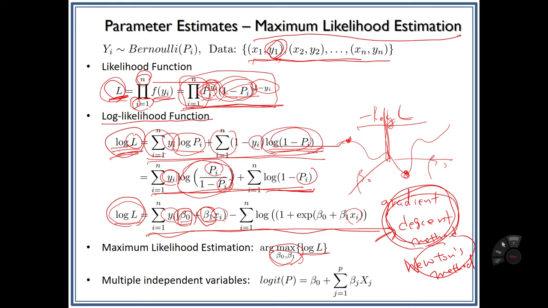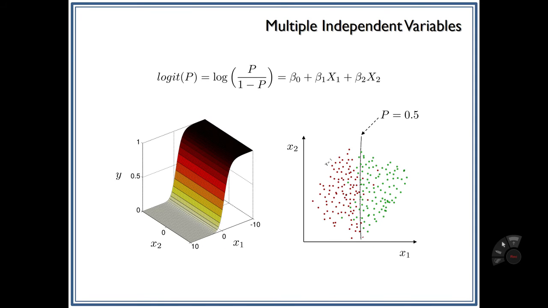So this slide shows the case of having only one x variable, right? There's only one x. But in the multiple independent variables case, in the case that we have several x variables, what we do is just add the terms for the x variables. So in the case of two x variables, what we use is this formula.